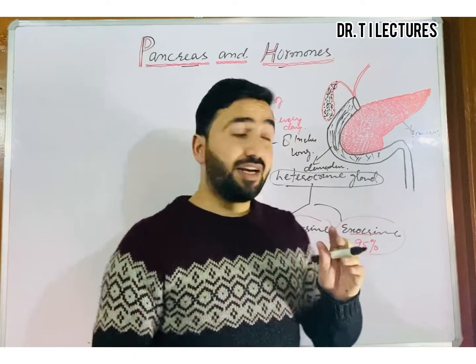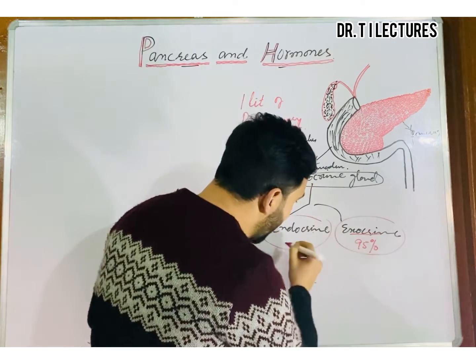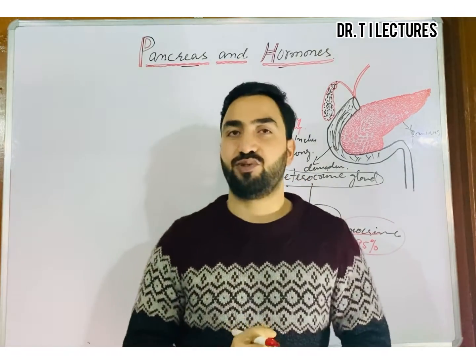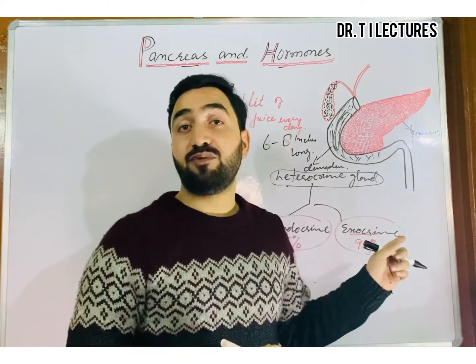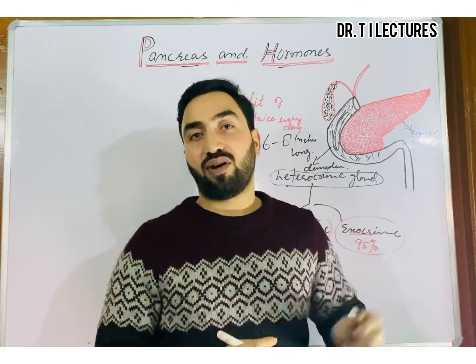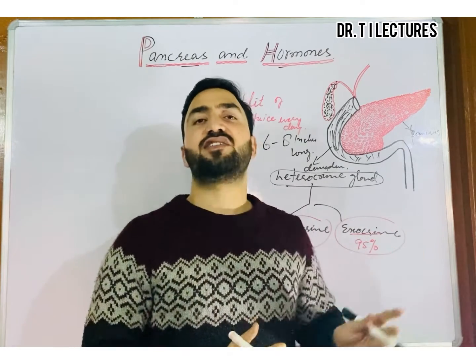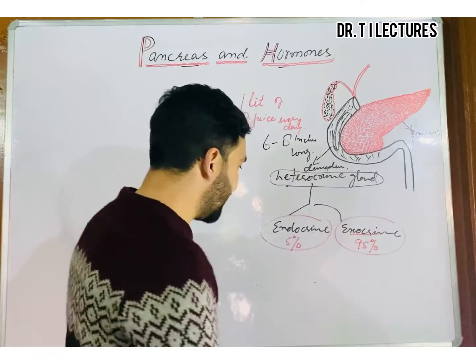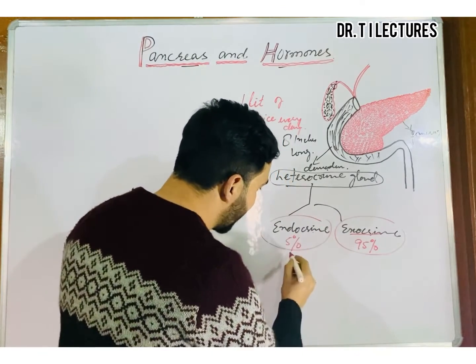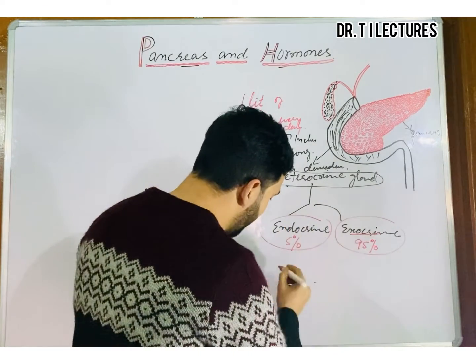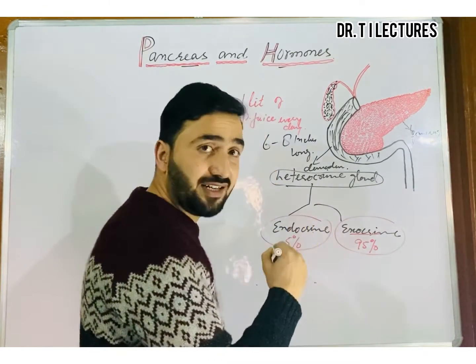The remaining 5% comprises the endocrine tissue, which contains hundreds of thousands of clusters of grape-like structures.